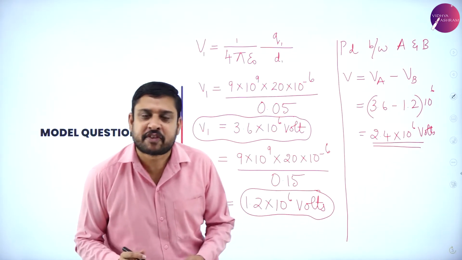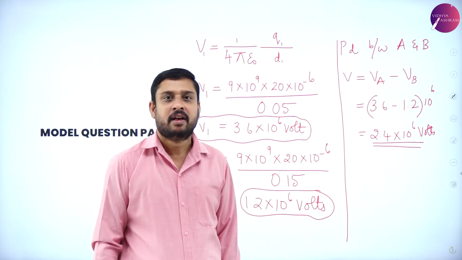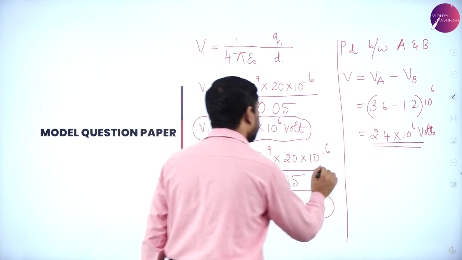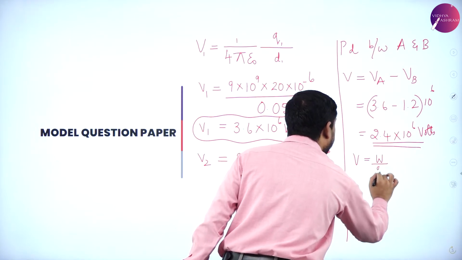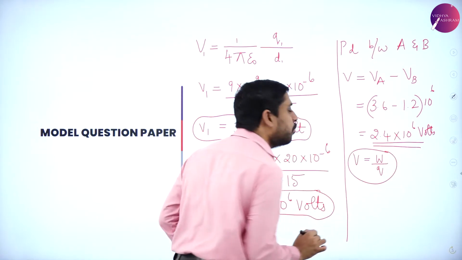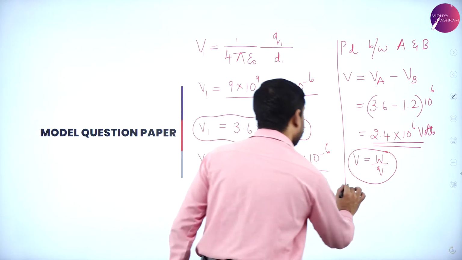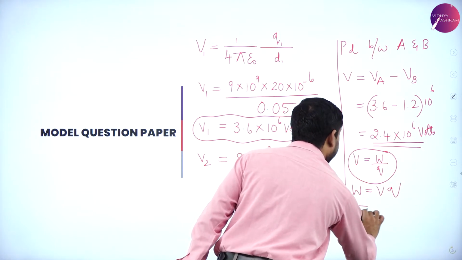Once I have calculated the potential difference, how will I calculate the work? Again very simple. V is W by Q. In terms of work, I have defined potential. So W is V into Q.